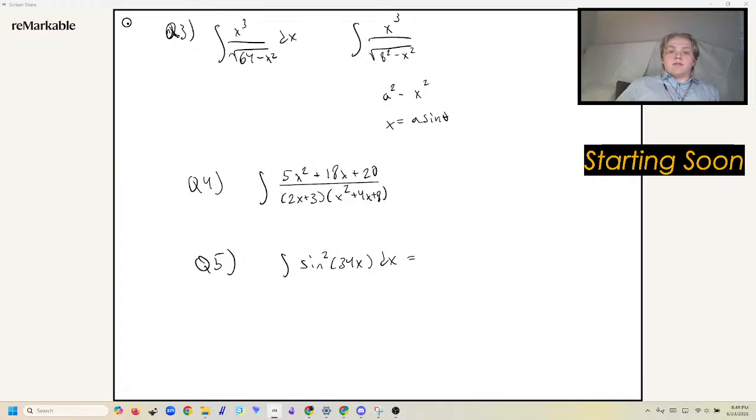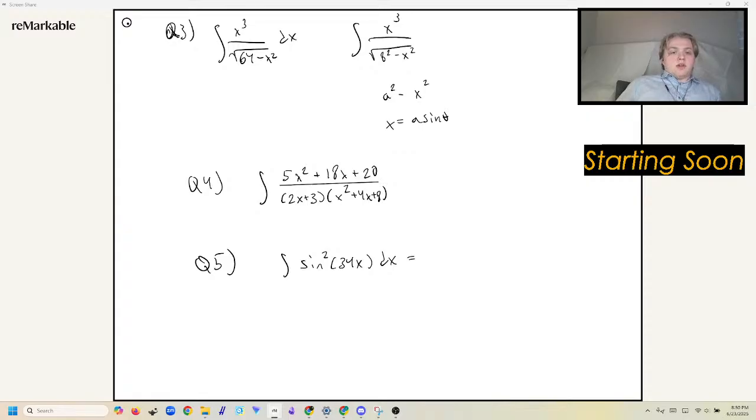Now I have my basic integration formula sheet in front of me, just because I don't have all of the formulas memorized yet. There are a lot of them. But what we're interested in here is breaking up the sine squared into angles, right?